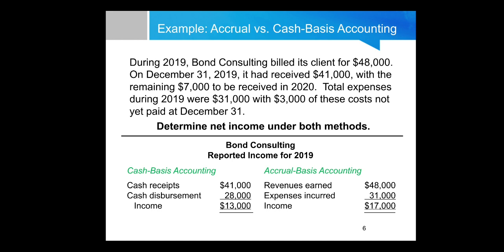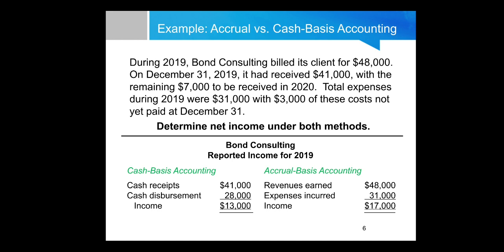And then remember, to calculate profit, the basic formula is revenue minus expenses. We have calculated the revenue. Now we calculate the expenses, using cash basis accounting. According to cash basis accounting, expenses are the amount that has been paid by the business for expenses.